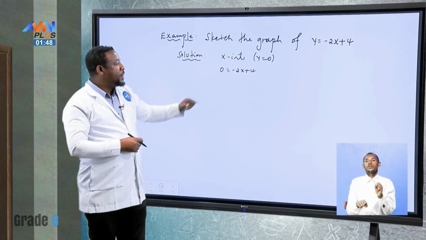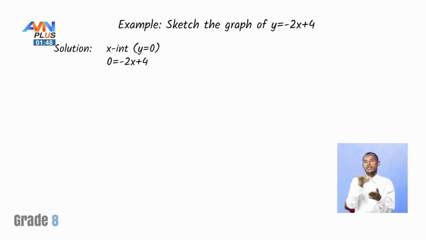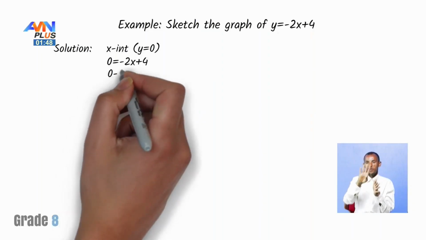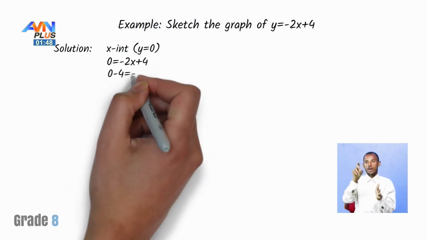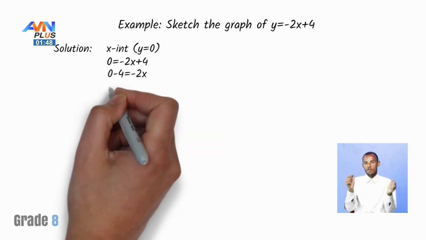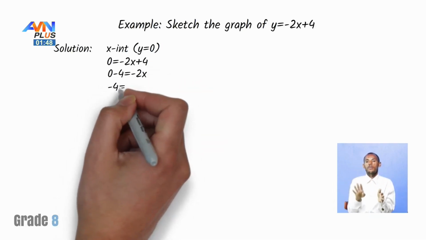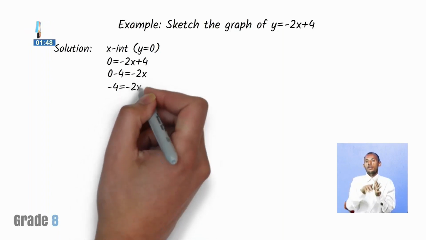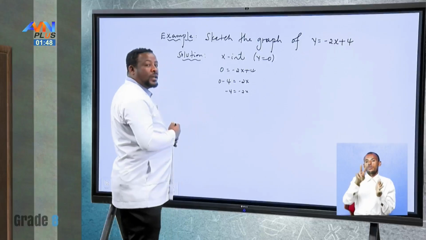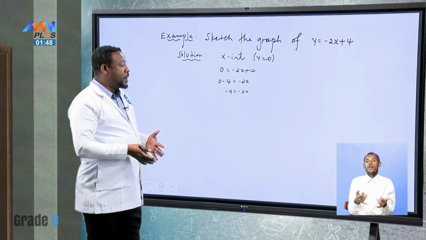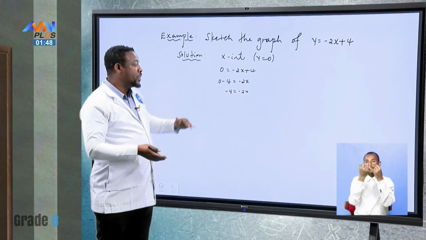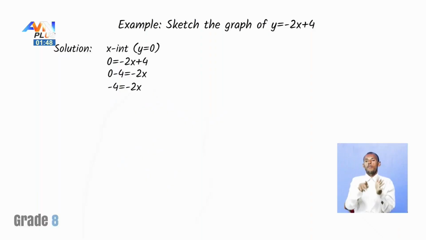So this is the same as 0 minus 4 is equal to minus 2x. Okay, you can subtract 4 from both sides. And this gives us minus 4 is equal to minus 2x. Okay, now the x value can be obtained by dividing both sides of this equation by minus 2.